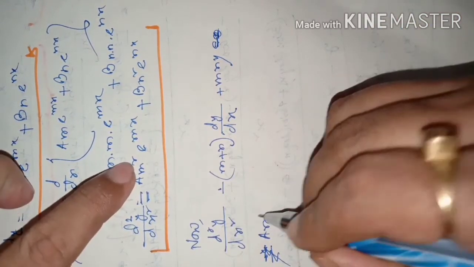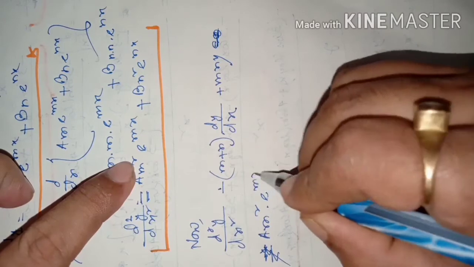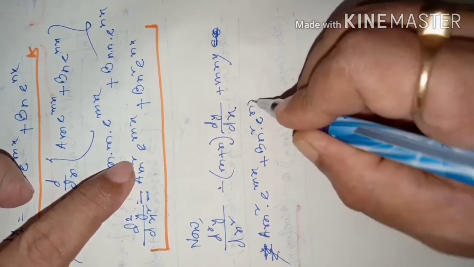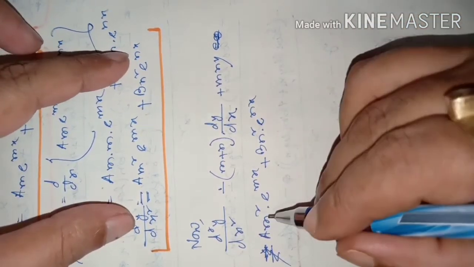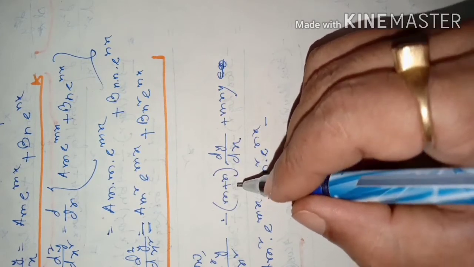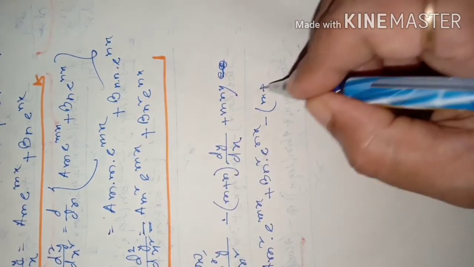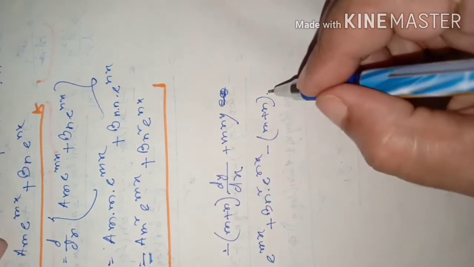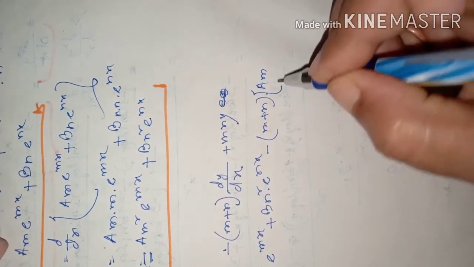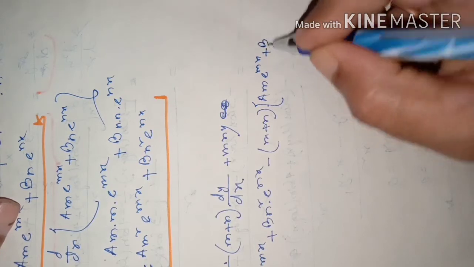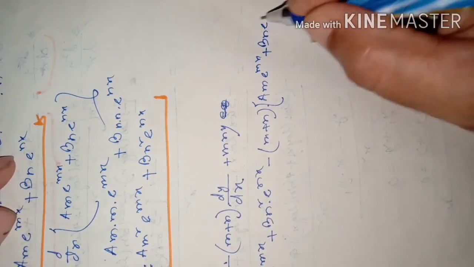So a m square into e to the power of mx plus b n square into e to the power of nx, this is d2y by dx square, minus m plus n into dy by dx. This dy by dx is a m e to the power of mx plus b n e to the power of nx.